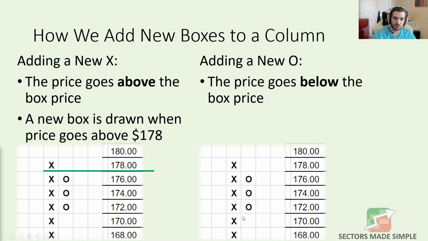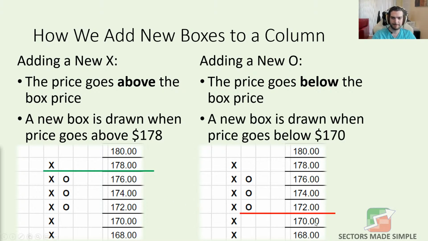If we wanted to draw an O in the box for $170, we would need the price to go below $170. So when the price goes below 170, we would draw that fourth O in the column. So now we know how we add new links onto the current column that we're going through.